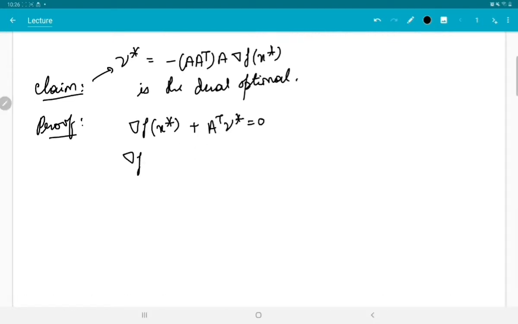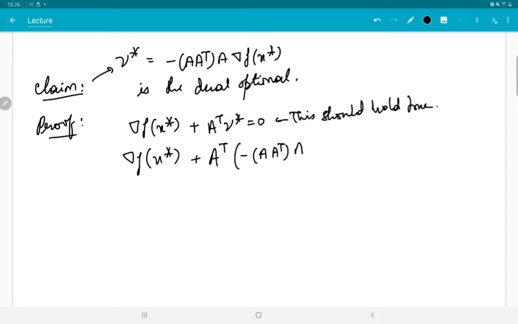So del f(x star) minus A transpose (A A transpose) inverse A del f(x star) should hold true. It is sufficient to prove that.